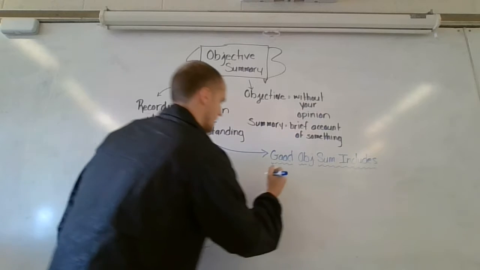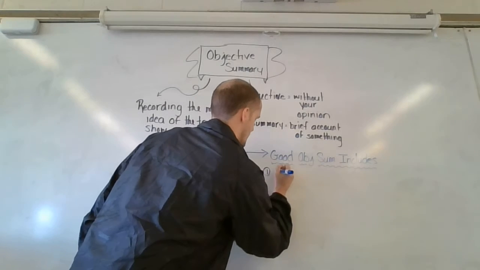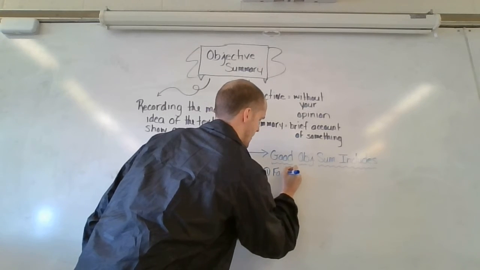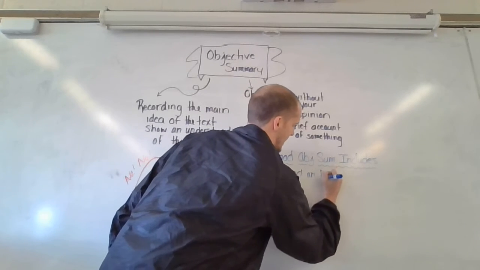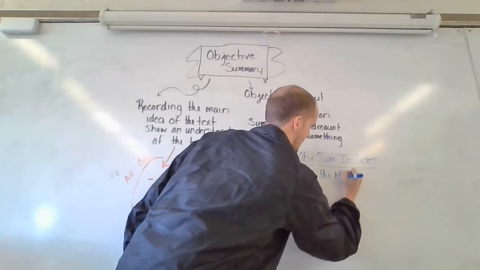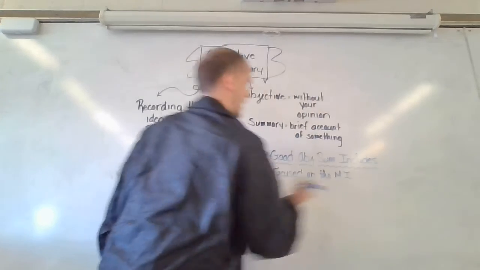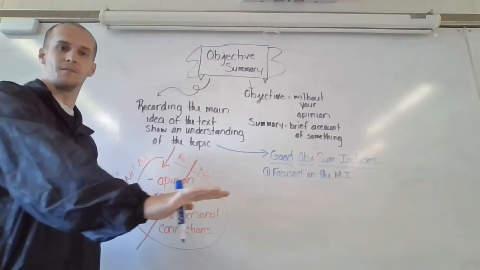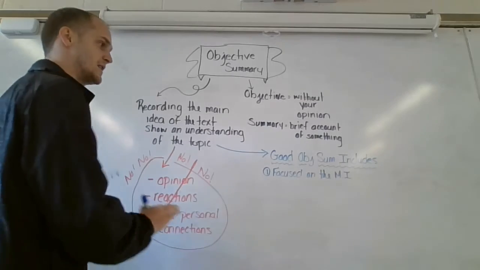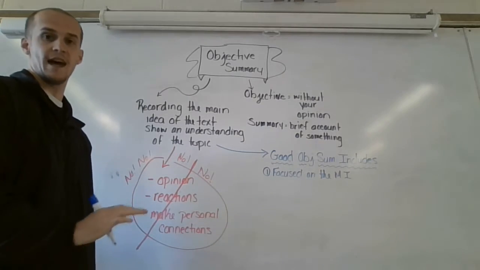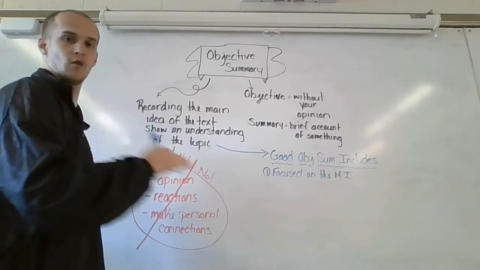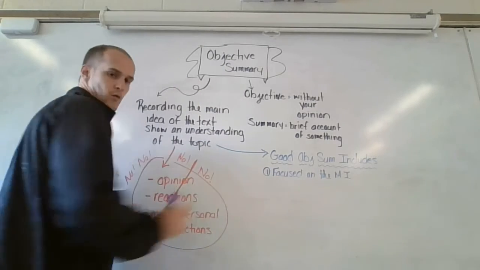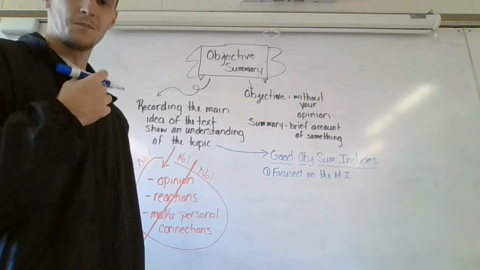One, it's focused on the main idea. All right, that's number one. It is focused on the main idea. You figure out the main idea of the text, and you're focused on that. And you're writing about the main idea. You're summarizing the text based on what that main idea is.